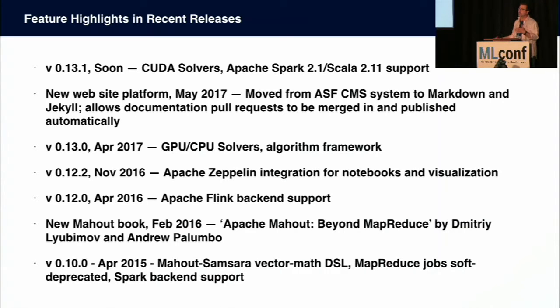Spark at the time was becoming popular, and we also were looking at things like H2O. We knew Flink would be an option, so we wanted to broaden our horizons, make it possible to write matrix math not just with MapReduce, because I think at that time the 0.10 release was when we started deprecating all the previous MapReduce-based jobs and not accepting new submissions.